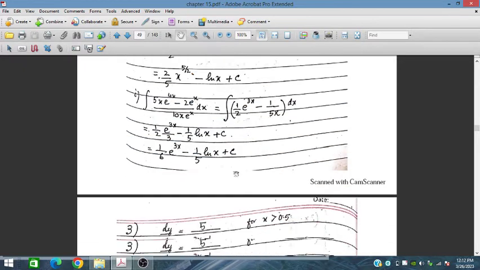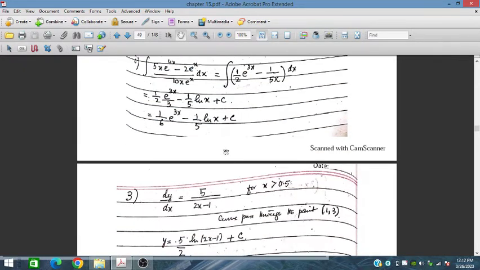Similarly, for the last one, 5x e power 4x minus 2 e power x upon 10x e power x dx.